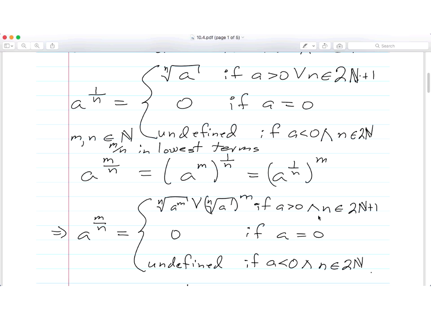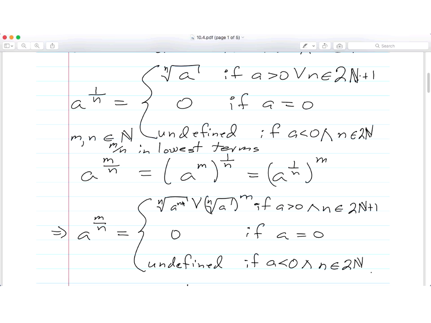Or, it's not an and, that's a typo, that's an or. If a is greater than 0, or if n is an odd natural number. So it should look like what it is here. That's an or. It's equal to 0 if a is 0.